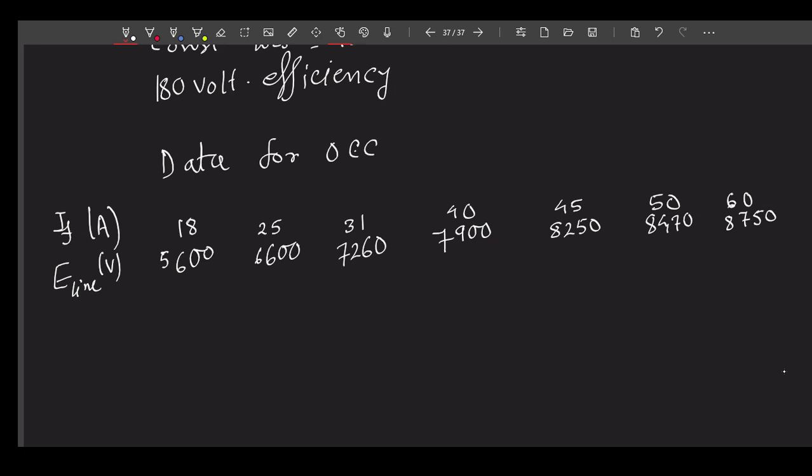Now, there is no information about individual values of xd and xq, but we need to find out the regulation. So how can we proceed?